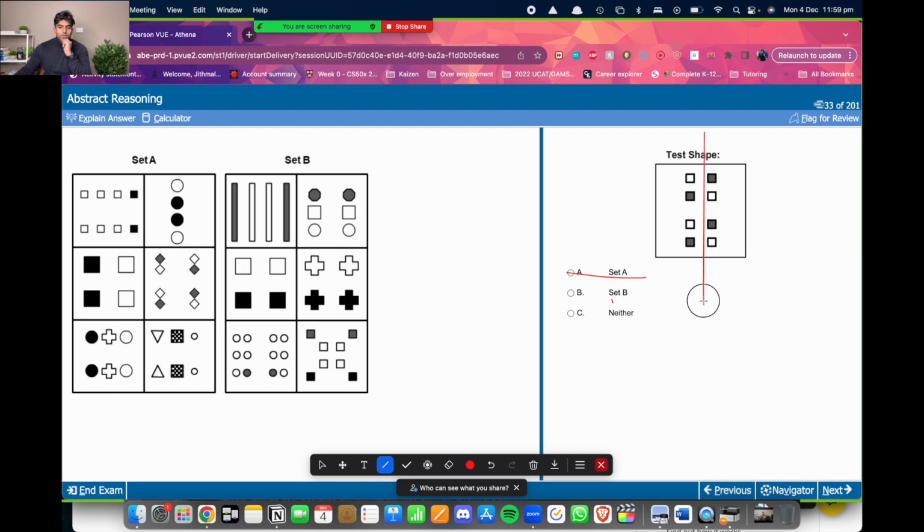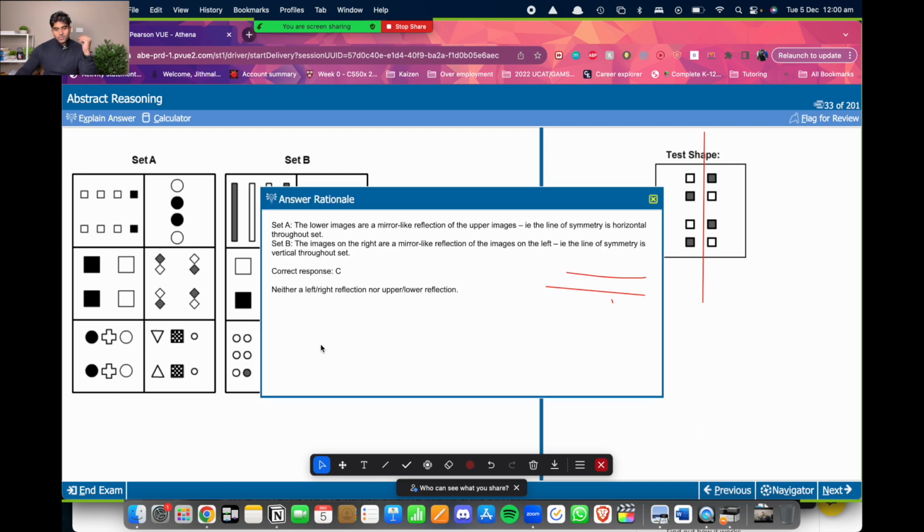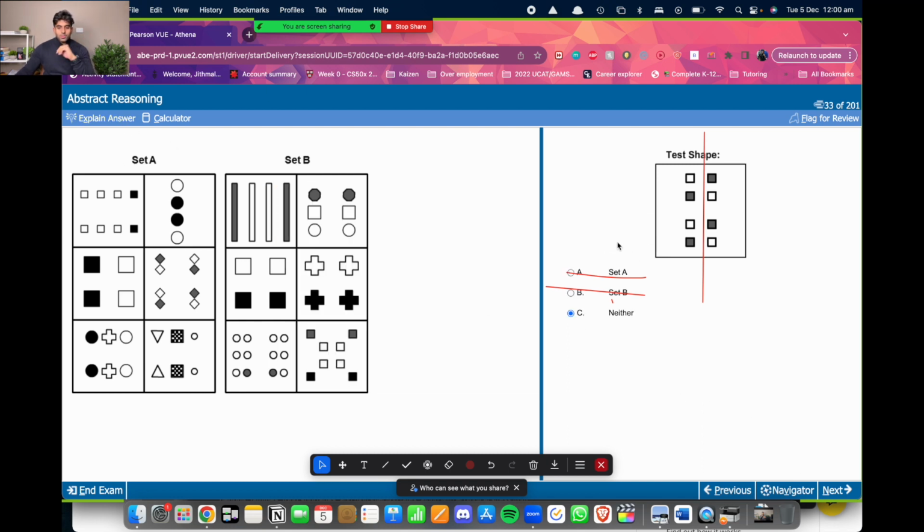And if I organize this horizontally, it's definitely not a mirror image reflecting. If I organize this vertically, it's definitely not a test shape that fits the vertical one either. So it's not set B. It must be neither. But that's essentially how it works.